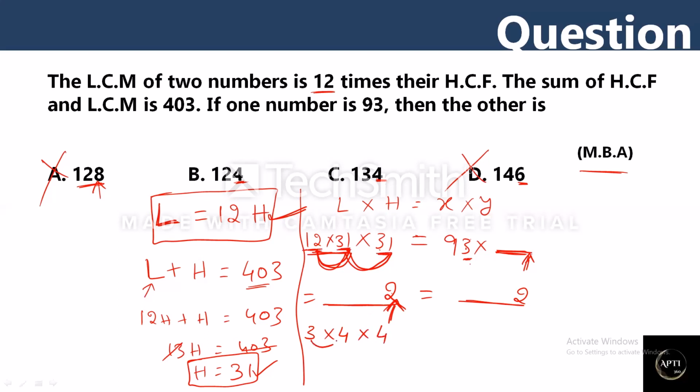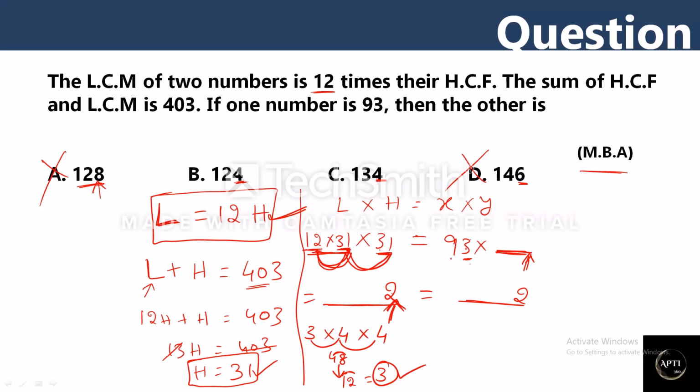Now 3 into 4 is 12, 12 times 4 is 48. 48 means 4 plus 8 is 12, and 12 means 1 plus 2 is 3. This is exactly the meaning of digital sum. If you multiply the values and get a 2-digit number, add those digits again until you get a single digit. Remember this. So finally the digital sum is 3.